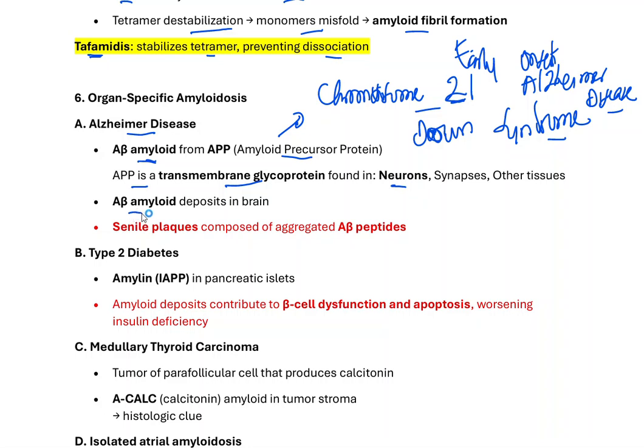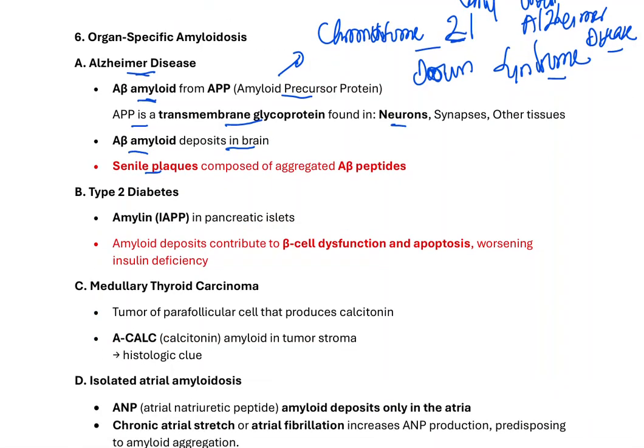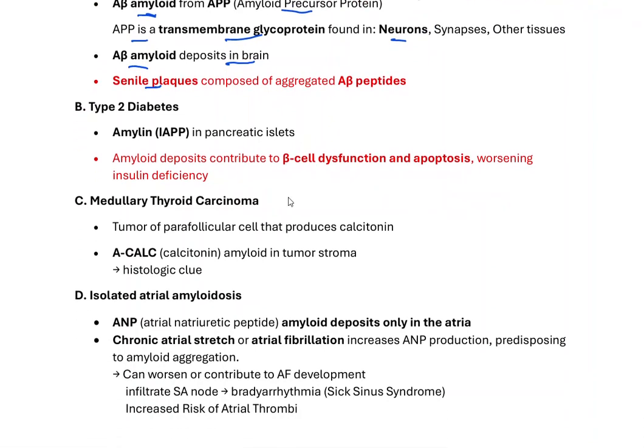And this A beta amyloid that comes from the amyloid precursor protein deposits in the brain. And then when you do autopsy on patients who have Alzheimer's disease, you're going to see them as senile plaques in the brain.